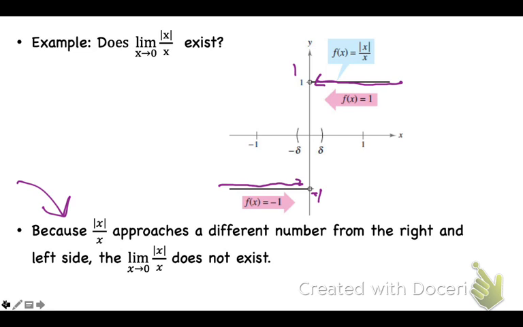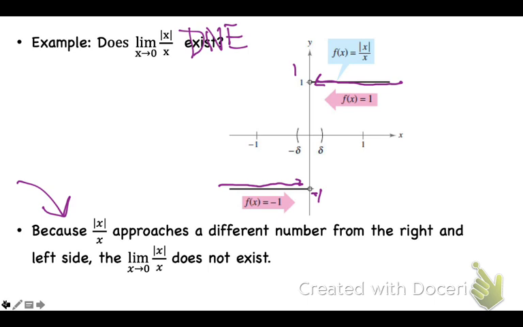What you would write is: DNE, approaches two different values, or approaches -1 and 1, or approaches -1 from the left and 1 from the right. Whatever you say has to say approaches two different values. Does that make sense? This is on page 51 of our chapter notes, so you can go back and rewrite it when the limit does not exist.